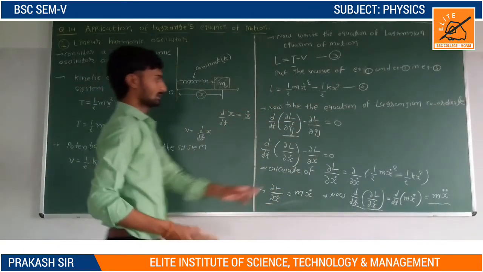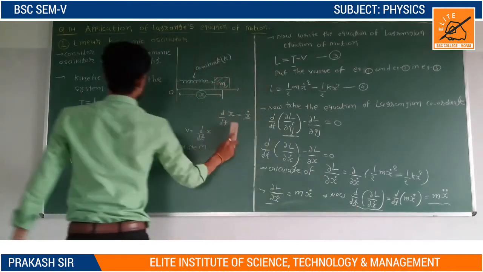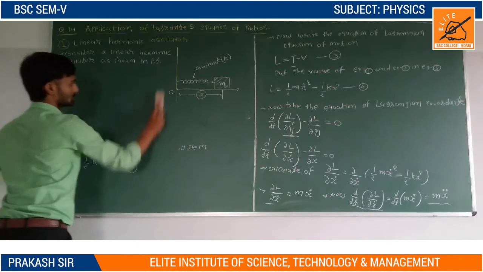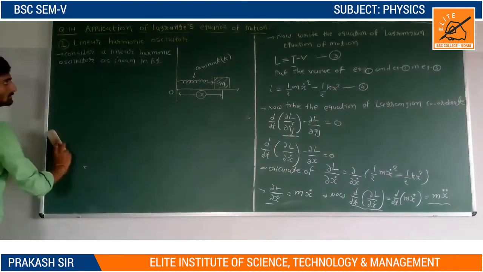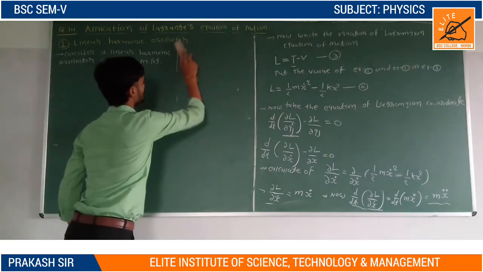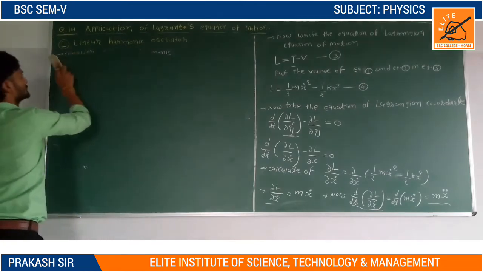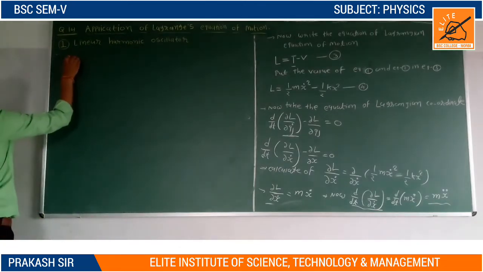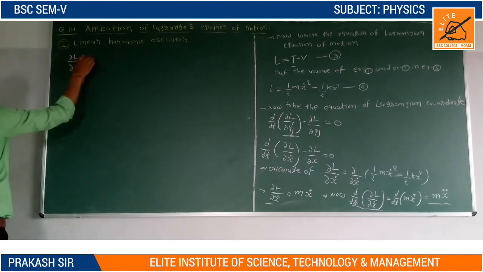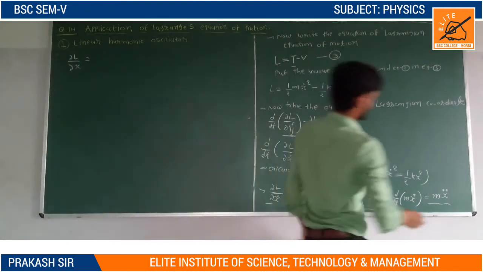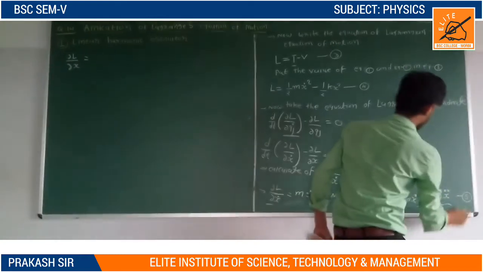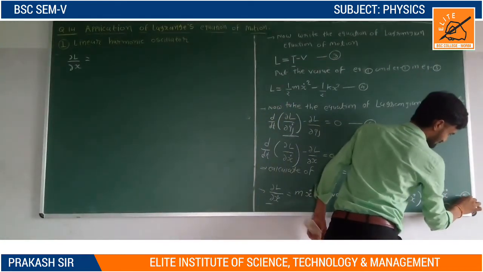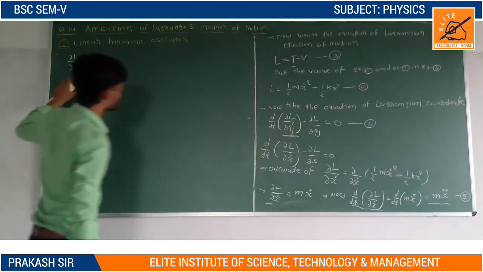Now del L upon del x. This is equation number 5, this is equation number 6, and this will be equation number 7.